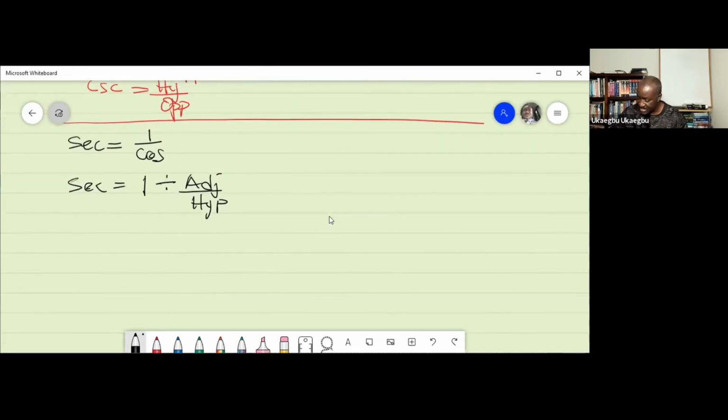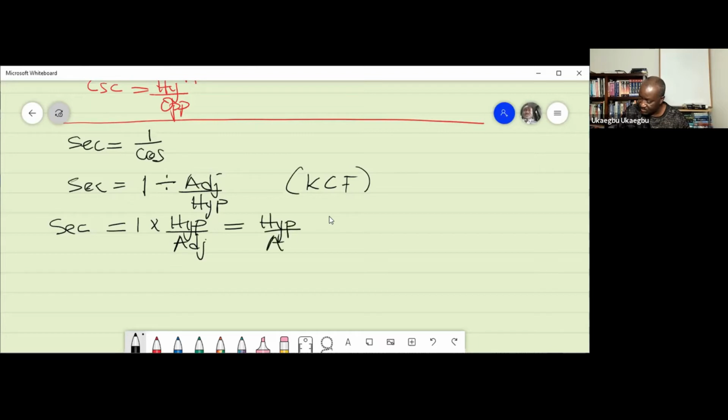Keep, change, flip: we keep 1, multiply, and flip this one to hypotenuse over adjacent. That's secant. So secant generally is hypotenuse over adjacent.